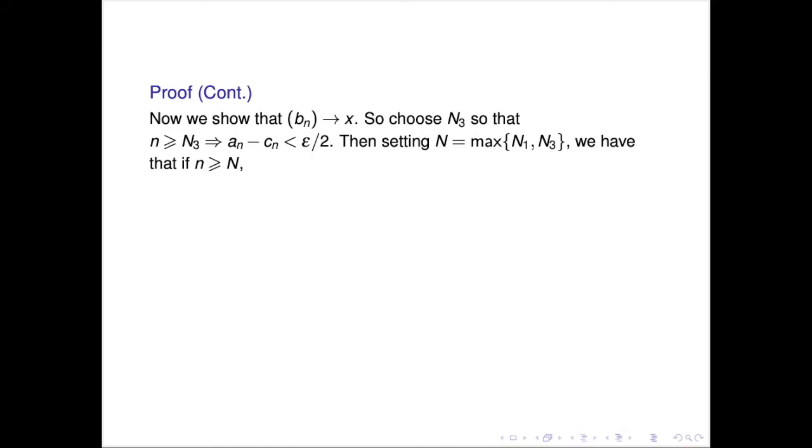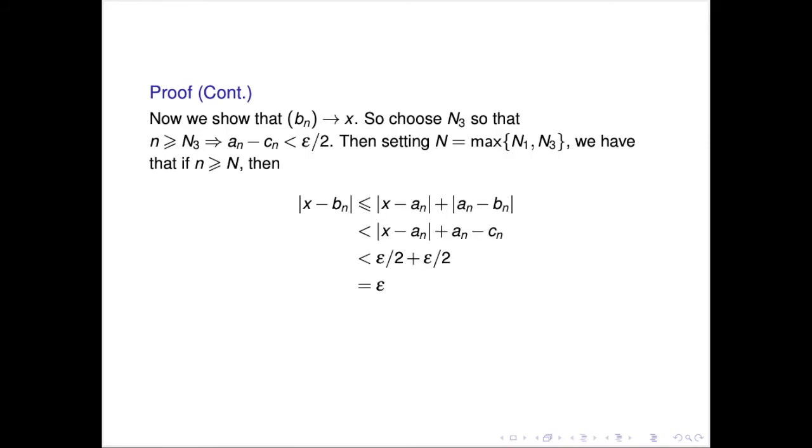And then for little n greater than or equal to capital N, we have the modulus of x minus b sub n is bounded above, using the triangle inequality, by the sum of the modulus of x minus a sub n and the modulus of a sub n minus b sub n. Now the modulus of a sub n minus b sub n is strictly less than a sub n minus c sub n.